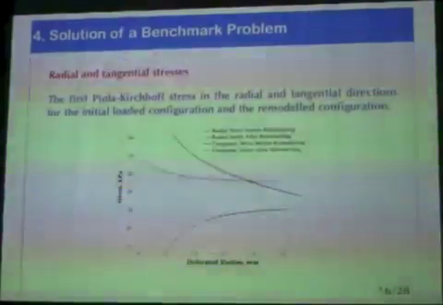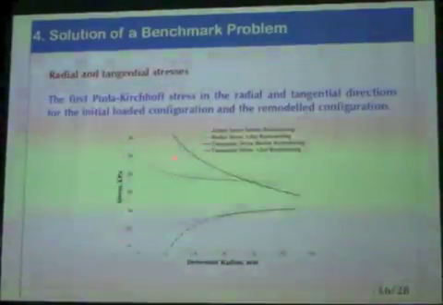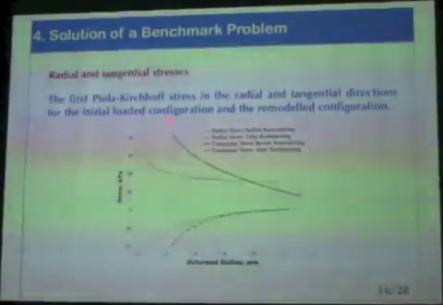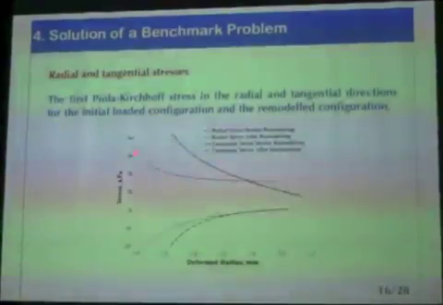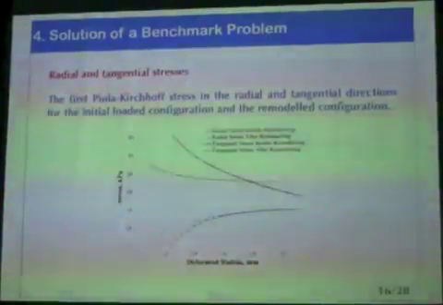This is the first Piola-Kirchhoff stress in radial and tangential directions for the initial loaded configuration and the remodeled configuration. So you see that remodeling is such that the distribution of stress, especially the tangential stress, tends to become more uniform.